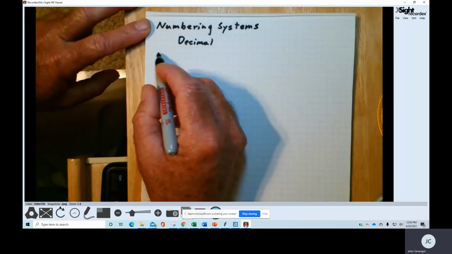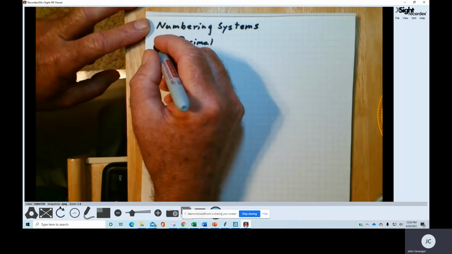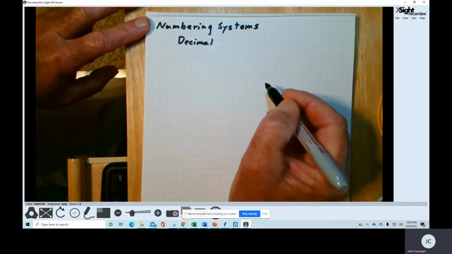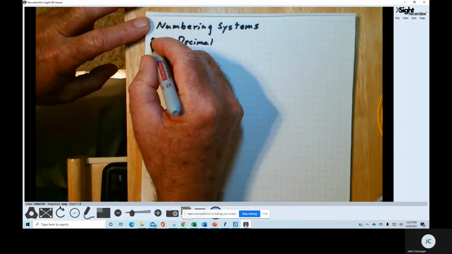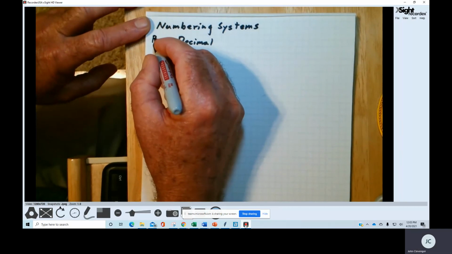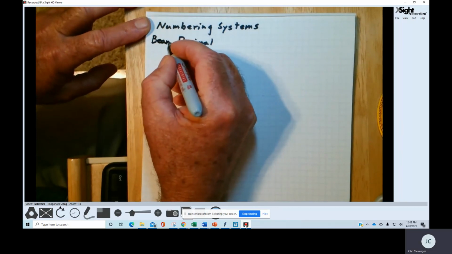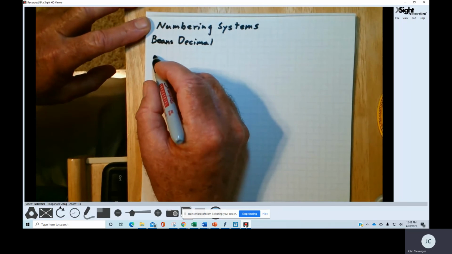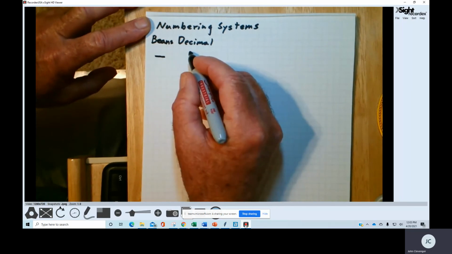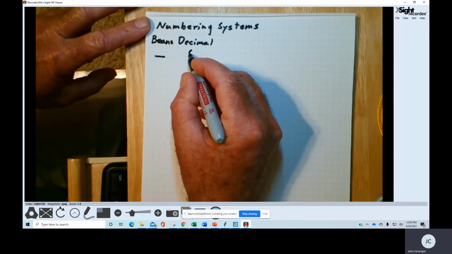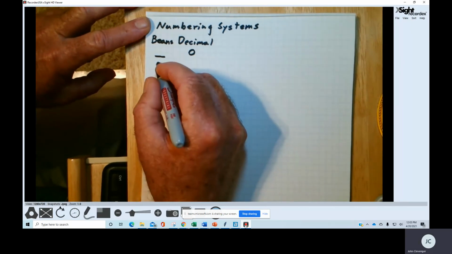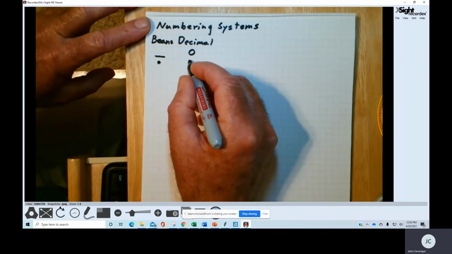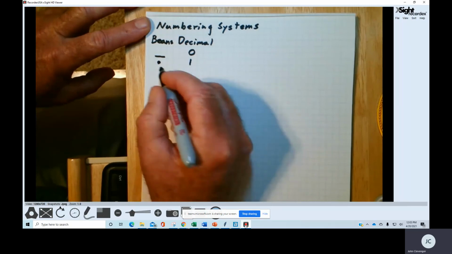And of course, if we have no items, and what do you want to count? Let's count jelly beans. If we have no jelly beans, this has a decimal value of 0. If I've got one jelly bean, I'll have a decimal value of 1.